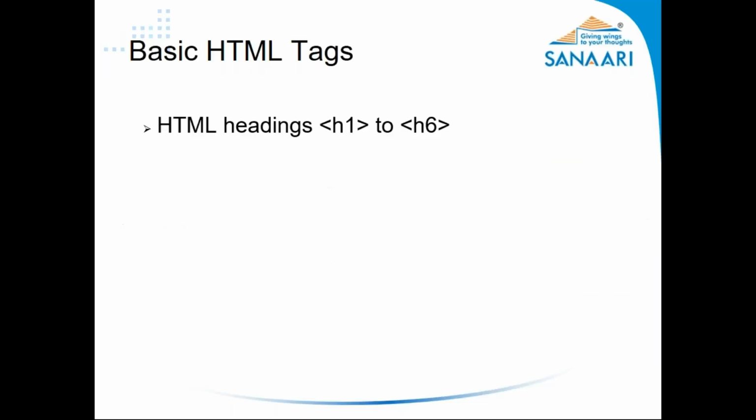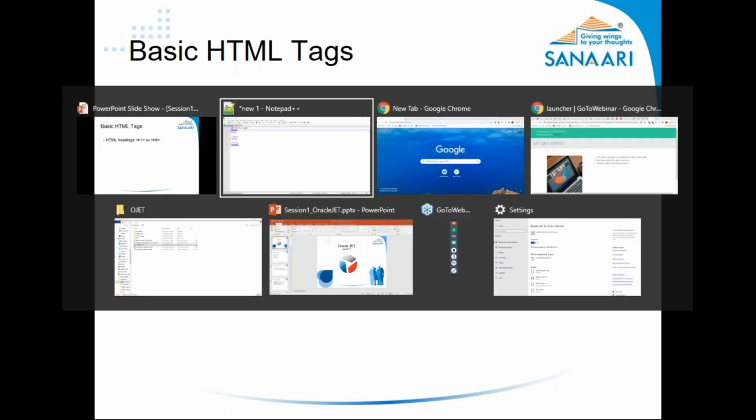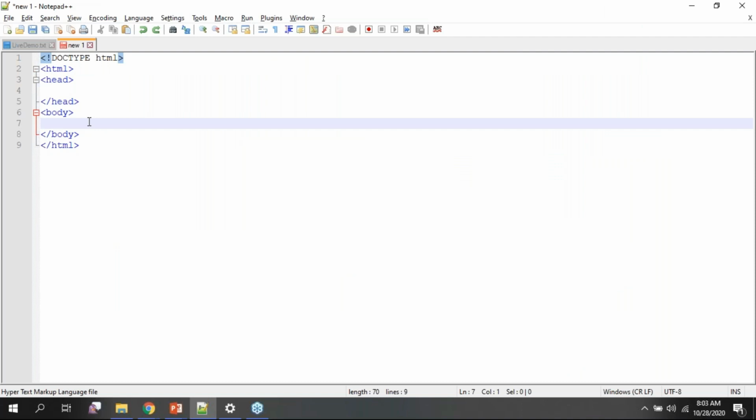Now, talking about the H1 tag, let me use it here. I'm gonna use it as H1, heading 1, and close the tag. As you can see, we have the starting tag, the content here, and the ending tag.